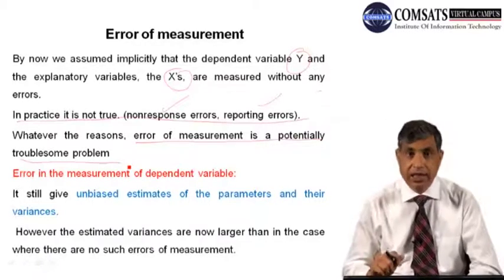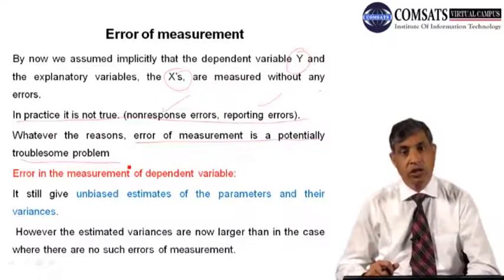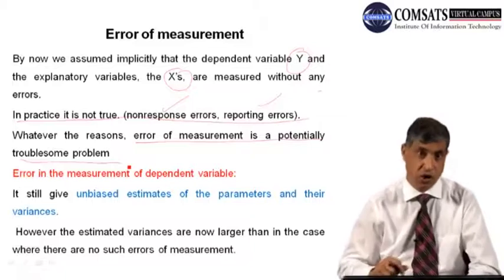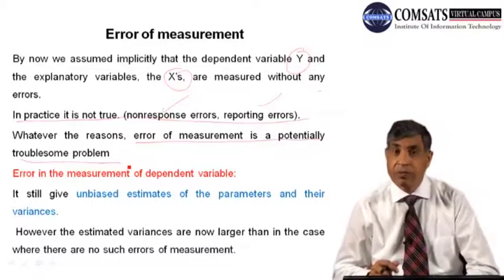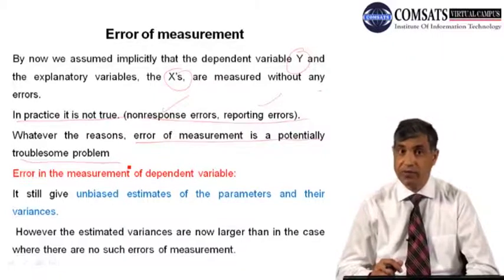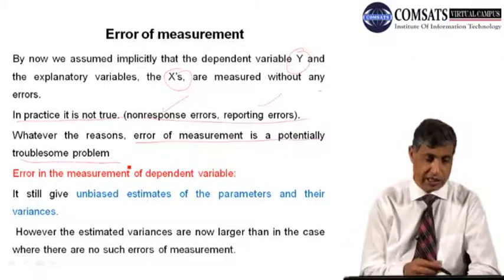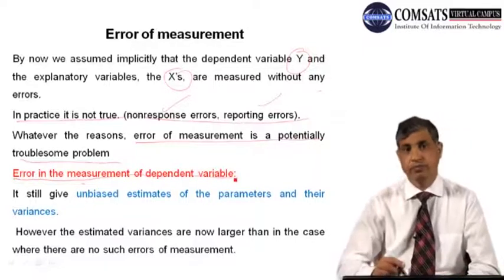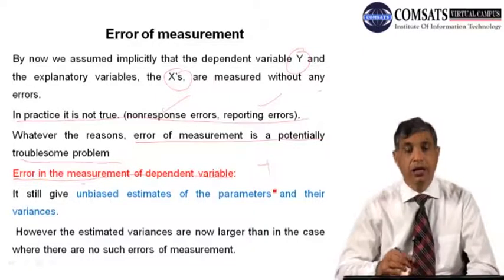Let me know in which case, underfitting or overfitting, there are more consequences. In underfitting there were more consequences, and now we will see whether a problem in y is more dangerous, or a problem in the independent variable is more dangerous.